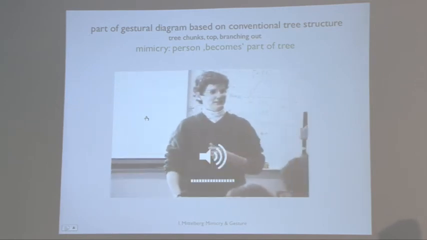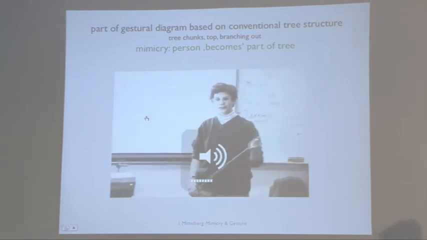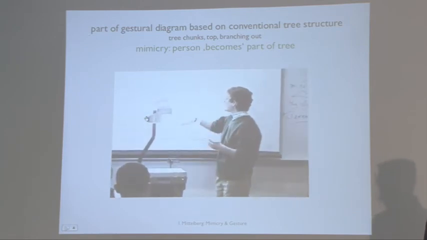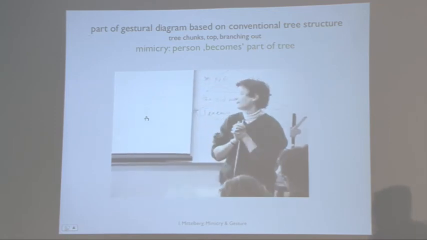The noun phrase, which branches to the person on the left and noun on the right. So basically, the left side of the rule tells you the category that's at the top of your tree trunk. So when she goes like this, she really becomes part of the tree trunk, right?